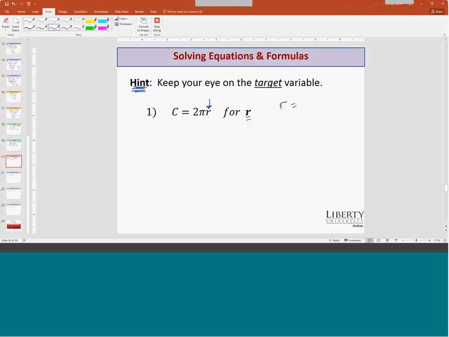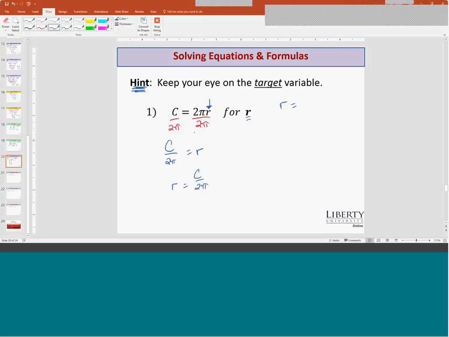Well, all of these are multiplication: r is multiplied by 2 and pi. So we divide by 2 and pi. But what we do to one side, we have to do to the other. So the circumference divided by 2 times pi is equal to r. R is equal to C over 2 pi.